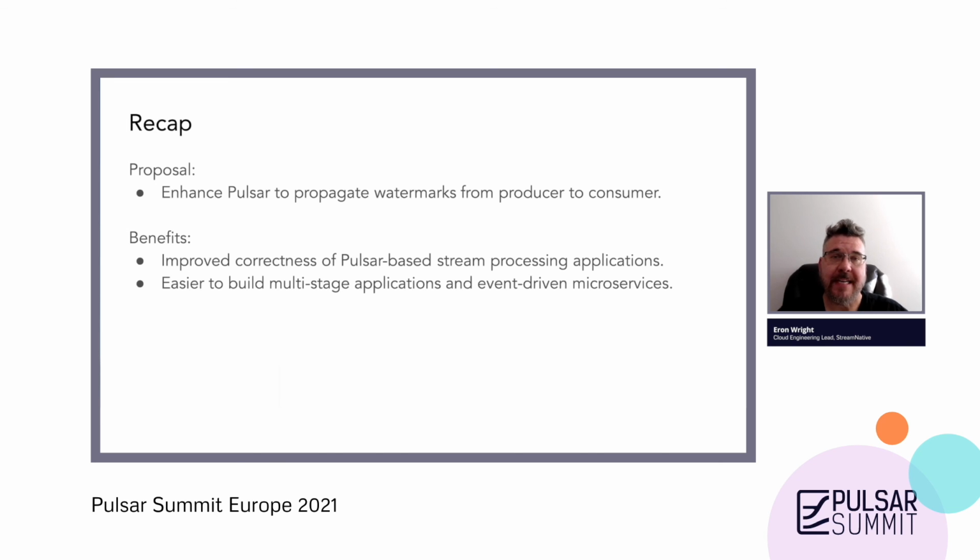Also to encapsulate the system internals of Pulsar so that the behavior of stream processing applications is more consistent and works for multi-stage pipelines, for event-driven microservices, as well as working better in unified stream processing scenarios.